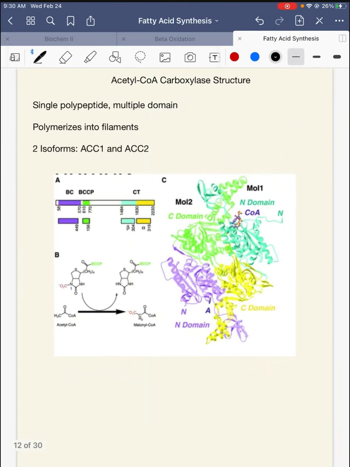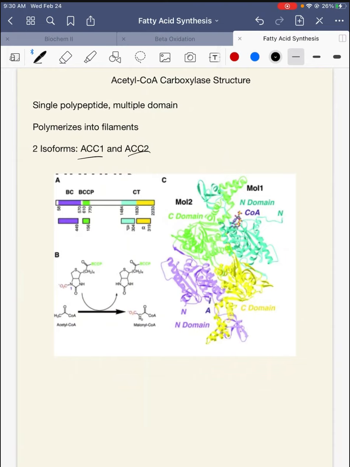So let's look at the acetyl-CoA carboxylase structure. Like I said, it has 2 different isoforms, ACC1 and ACC2. If you're confused about what isoforms are, remember the cell can have different exons, and different splicing sites based on those exons.